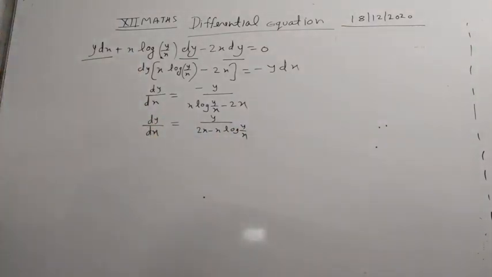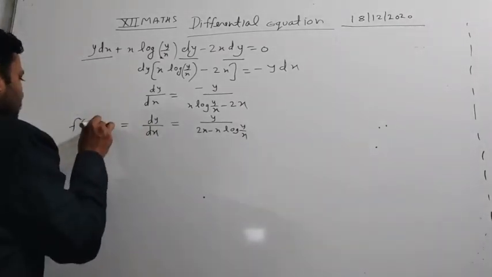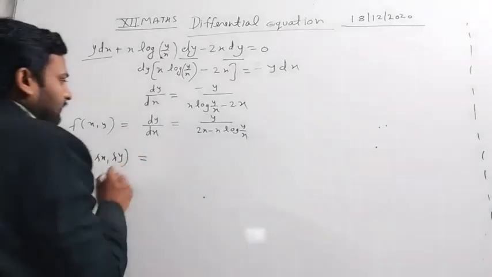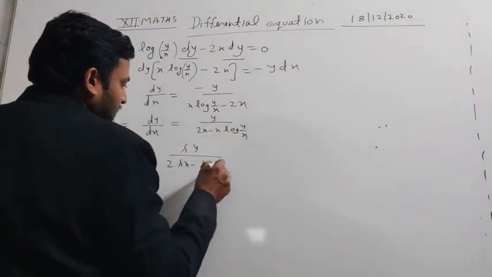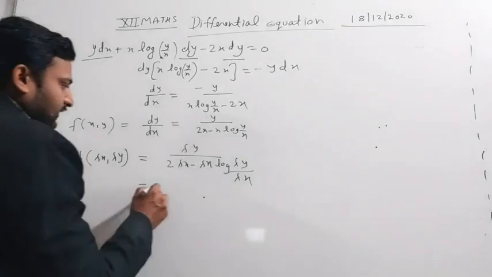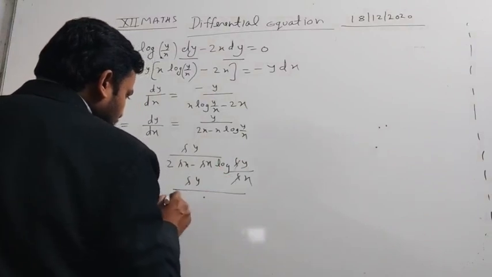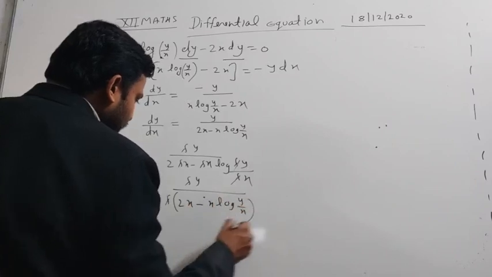Now we check this after replacing x with lambda x and y with lambda y. We can write this as our function of x, y. So replacing x with lambda x and y with lambda y, we get lambda y by 2 lambda x minus lambda x log lambda y by lambda x. Now lambda cancels, and taking lambda outside, we get 2x minus x log y by x.